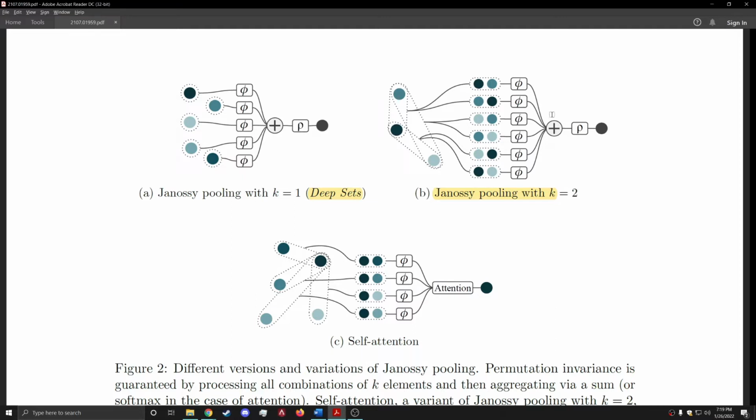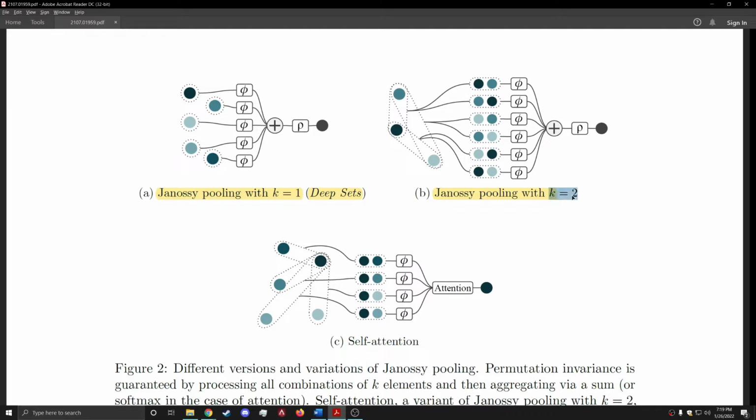The example they give in the paper is ingredients. If we think about vanilla and garlic, they really don't taste great together. On the left side, where k equals 1, you just take each individual thing and plug it into the phi, so this decoder is going to have to completely learn that relationship all on its own: the taste of garlic and vanilla, and that they don't go together.